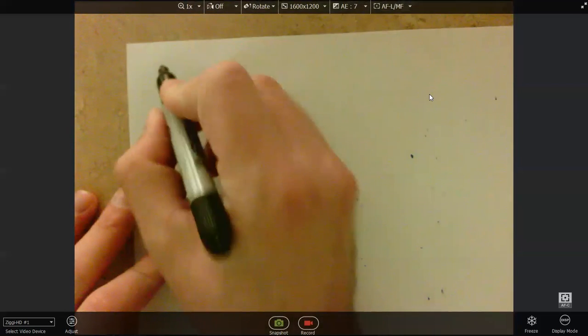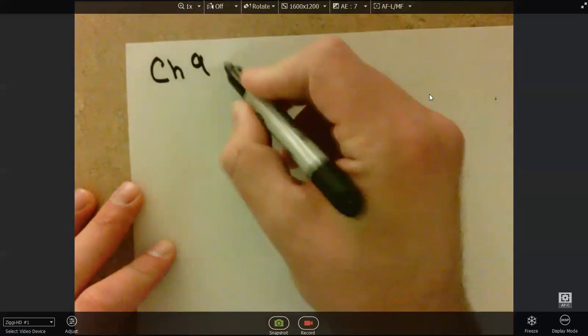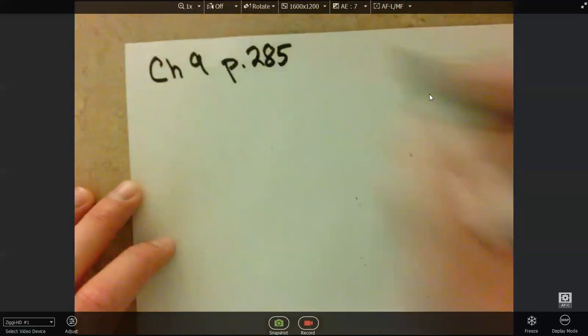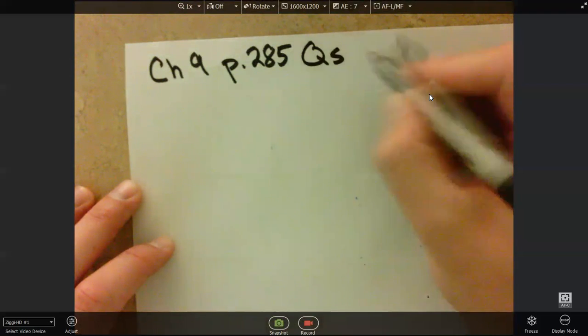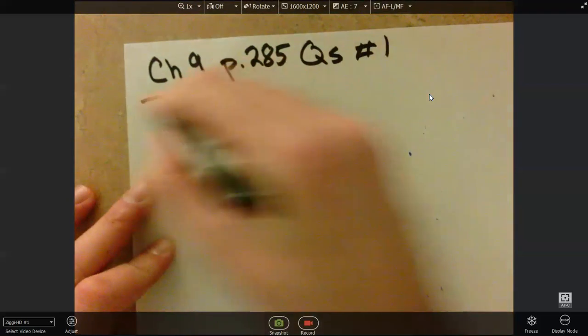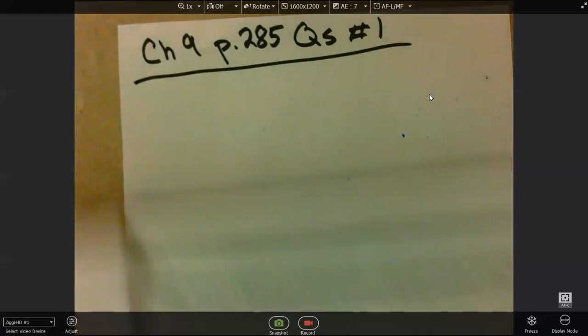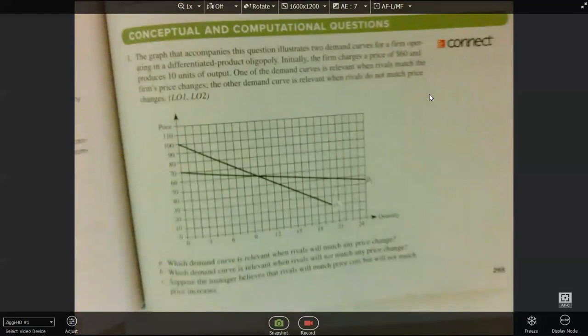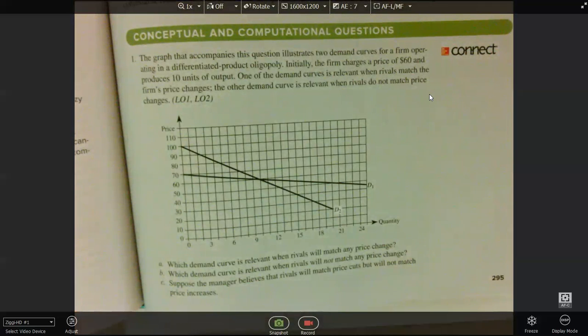Let's get right to it. We're going to start on page 295, chapter 9, question 5. We're told the graph that accompanies this illustrates 2 demand curves for a firm operating in a differentiated product oligopoly.